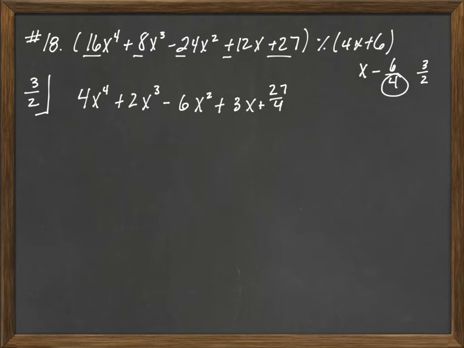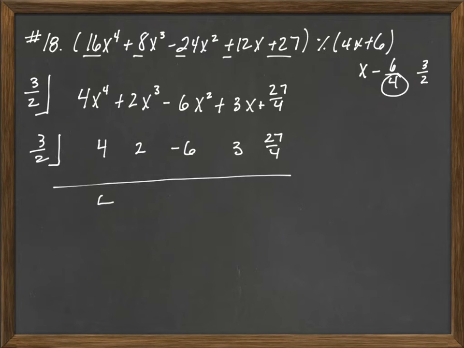So let's rewrite this: 4, 2, negative 6, 3, and 27/4. And I'm doing it by 3/2. So 4, this is synthetic division, remember. So 4, 12/2 would be 6. So that would be 8.